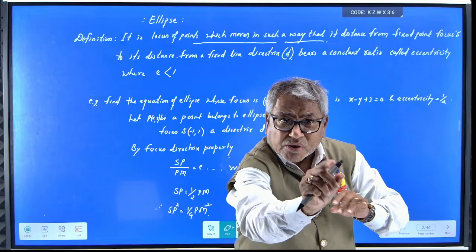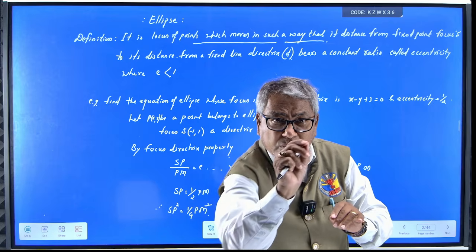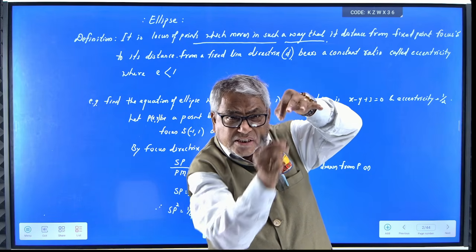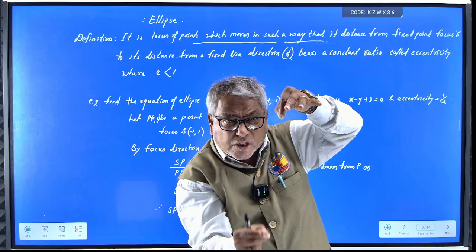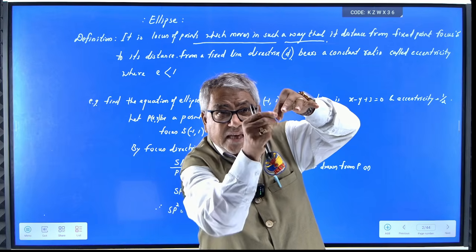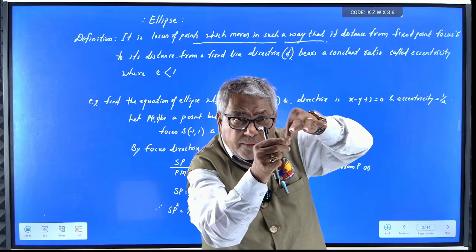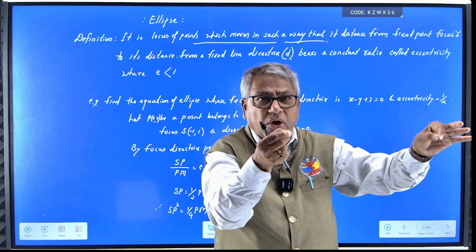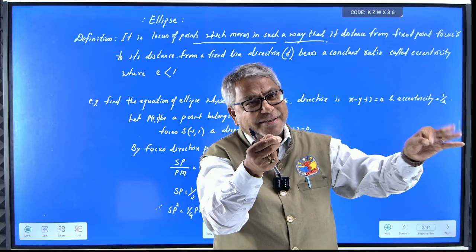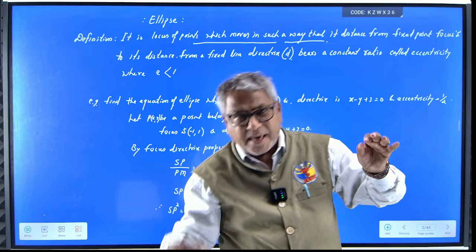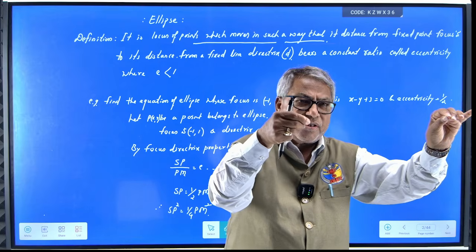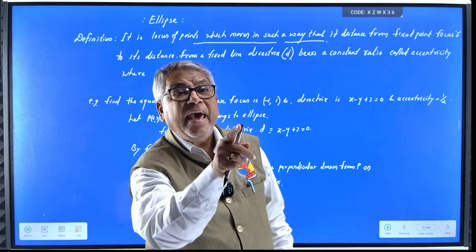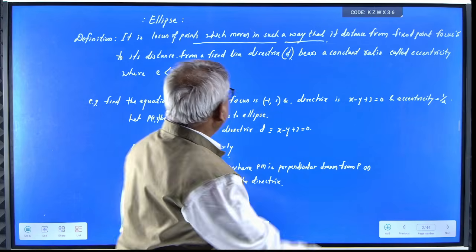It is a locus of points. It moves such that its distance from a fixed point called focus, SP, to its distance from a fixed line called directrix, PM, bears a constant ratio E, where E is less than 1 for the ellipse.